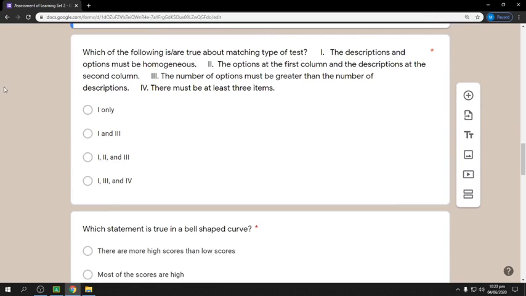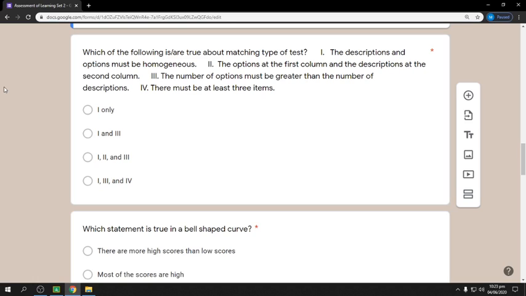Which of the following is or are true about matching type test? Option 1: the descriptions and options must be homogeneous. 2: the options at the first column and the descriptions at the second column. 3: the number of options must be greater than the number of descriptions. 4: there must be at least 3 items.